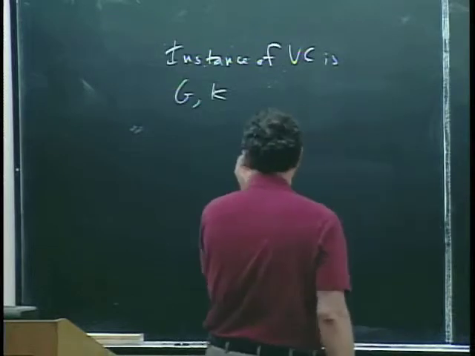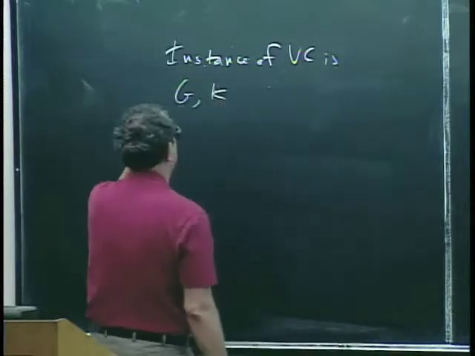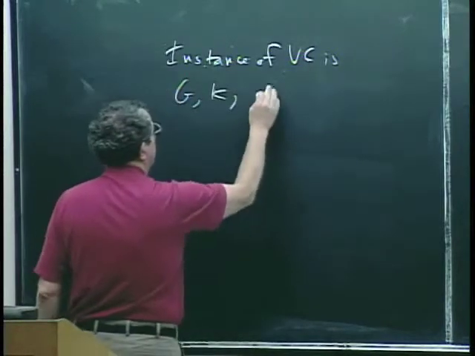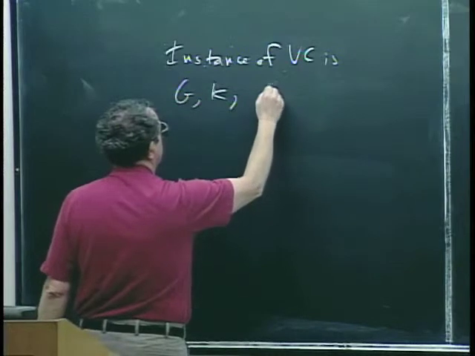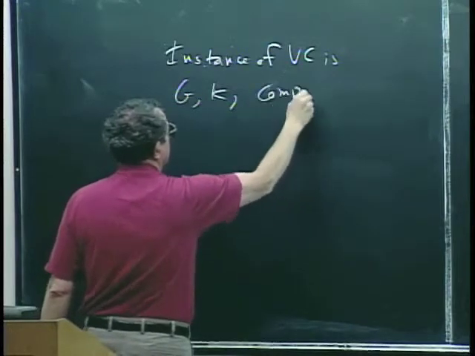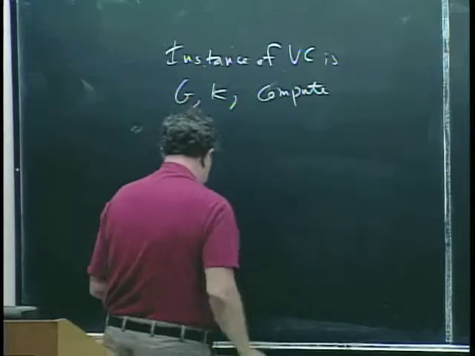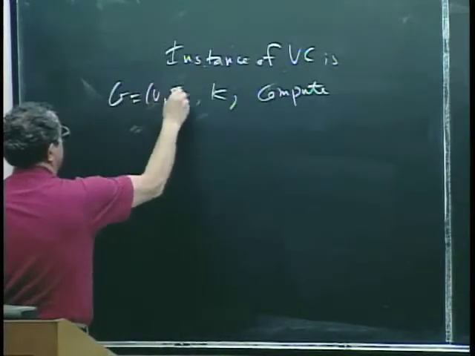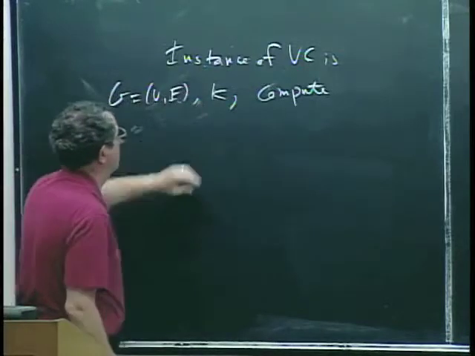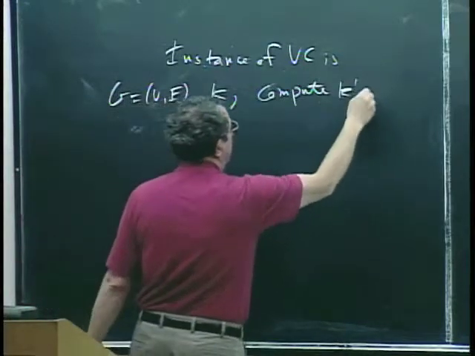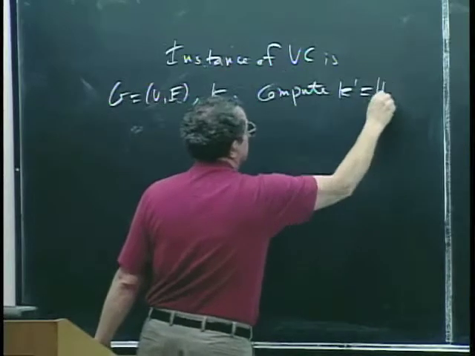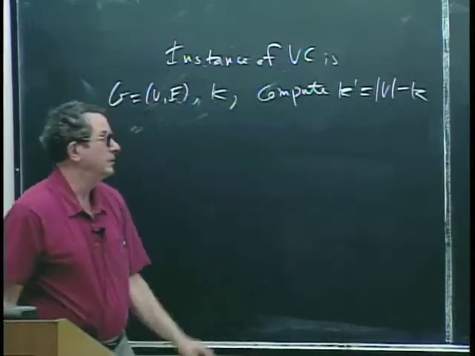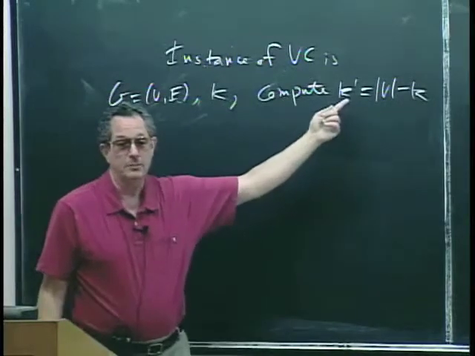X. Okay, so what we're going to do is you take this instance of G and K, and then you compute. Well, let me write out G is equal to (V, E). Okay? Then you compute K prime equals V minus K. Right? That's certainly something you can do in polynomial time, right?